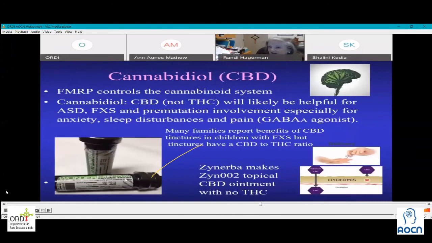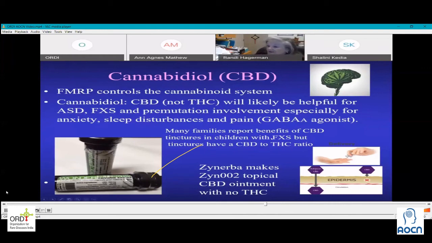I want to talk about cannabidiol, or CBD. FMRP, the protein produced from the FMR1 gene and that is deficient in Fragile X syndrome, actually controls the cannabinoid system in the brain. And CBD, or cannabidiol, which is not THC, is thought to be helpful for Fragile X syndrome.